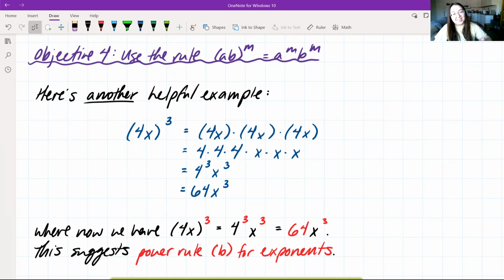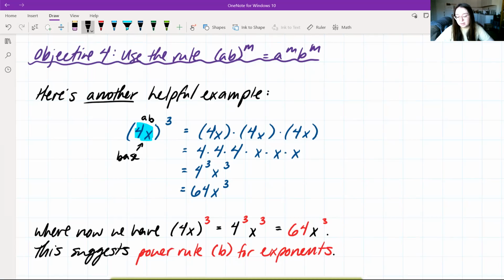So another helpful example before we introduce our next power rule would be if we had something like 4x to the power of 3. So our 4x in this case is once again our base. But we can also have this as a times b.